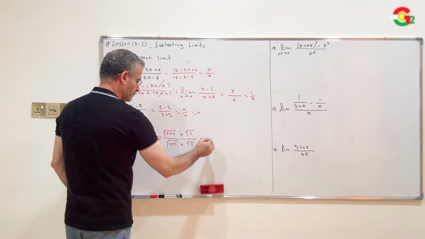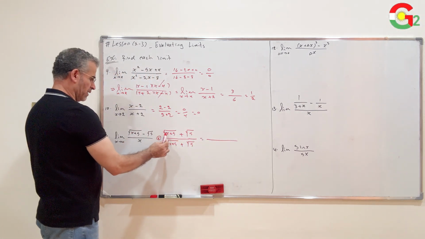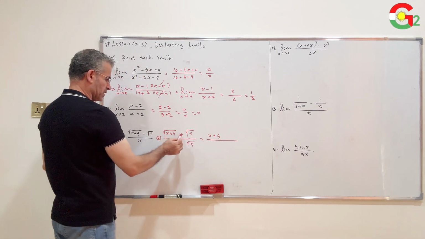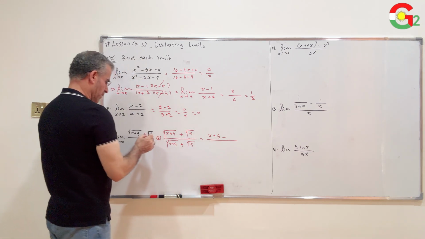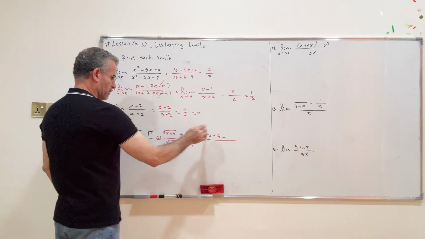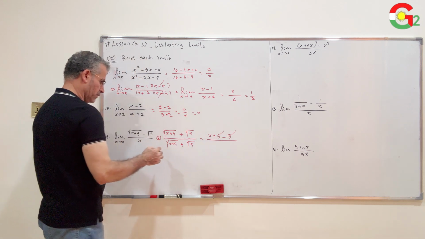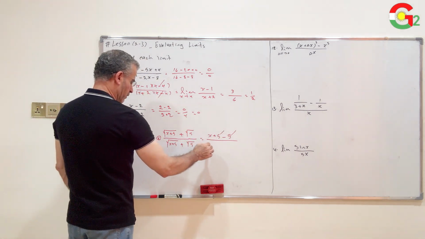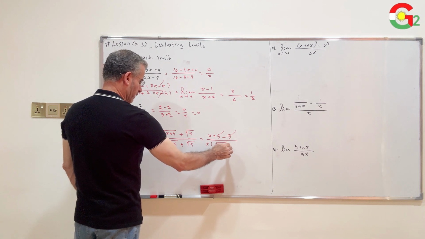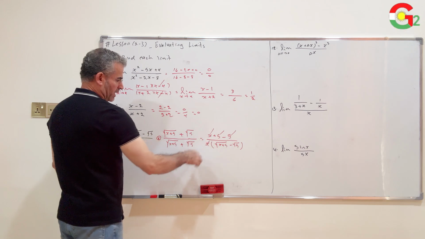Now, the answer will be square root of x plus 5 times square root of x plus 5 is x plus 5, minus, positive times negative, negative square root of 5 times square root of 5 is 5. 5 with 5 reduce, the denominator will be x times square root of x plus 5 plus square root of 5. Reduce x with x.